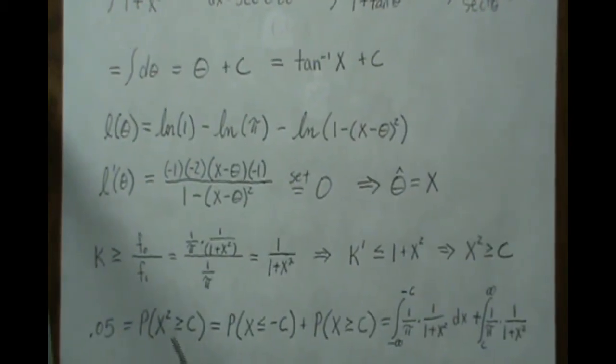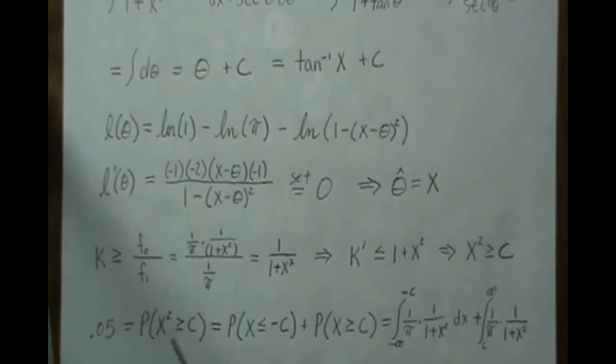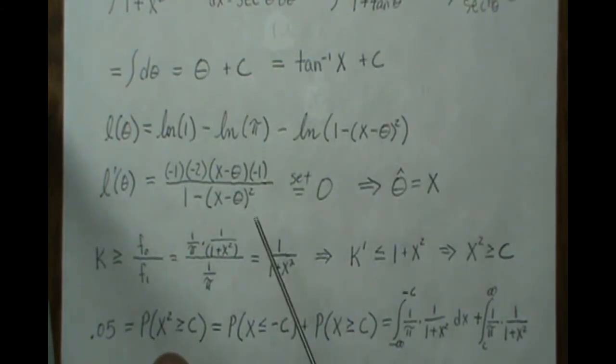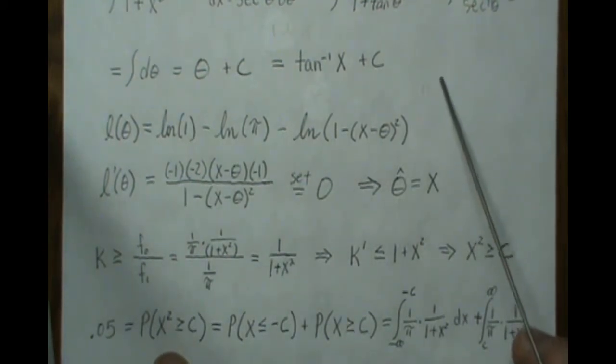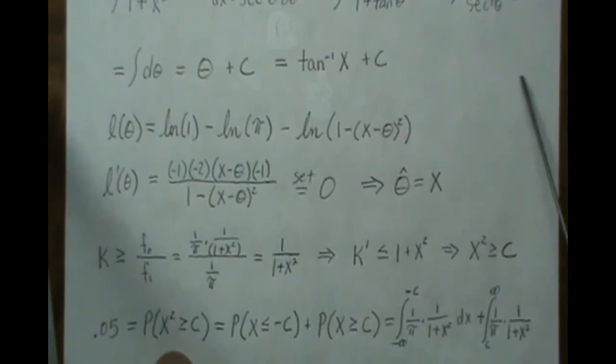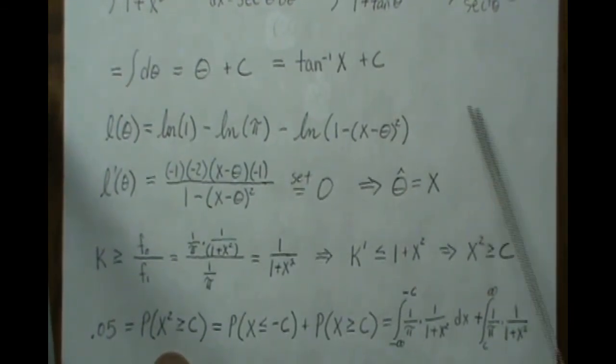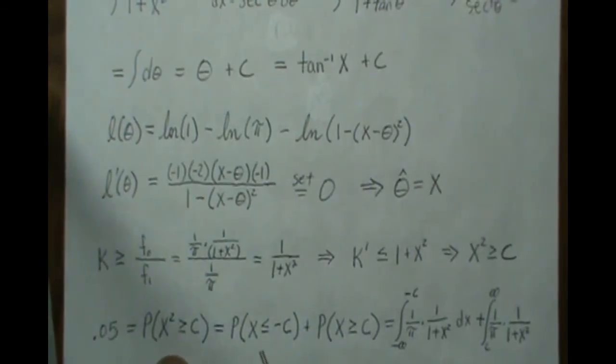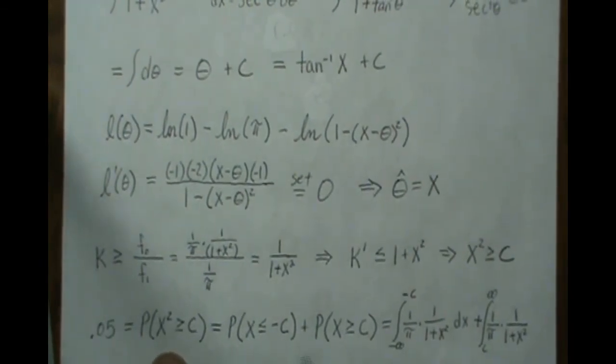So the way we set it up is we want the probability of being in the rejection region to be our significance level, 0.05. And that's given in the problem. Now this is a quadratic. So if we have a quadratic and we want the values greater than some c, that means we're out in the tail, and out in the tail somewhere, which is this.